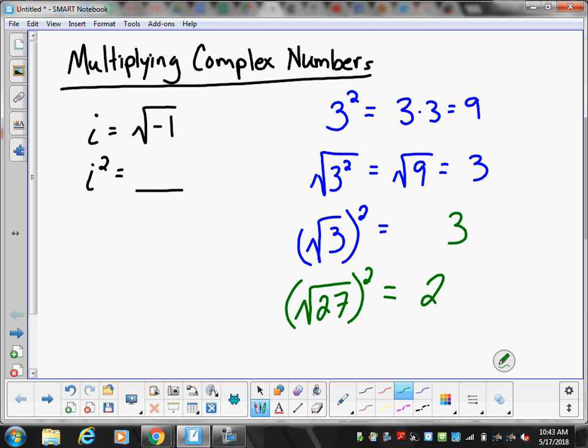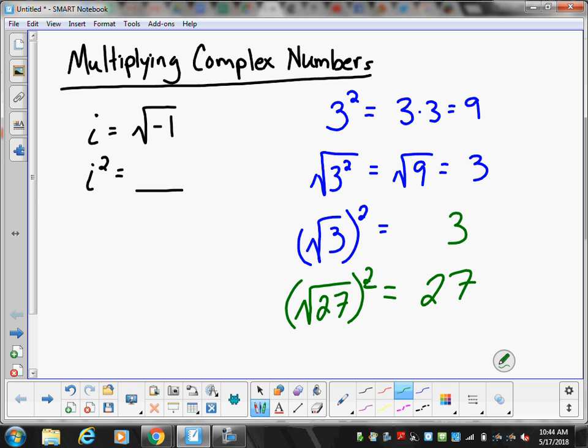I'll give you a hint: it's 27. Because we've talked about this before, square roots and squares are opposite functions, kind of like multiplication and division. So if I square a square root, whatever's underneath it is what I've got left.